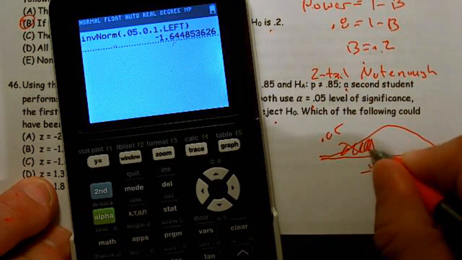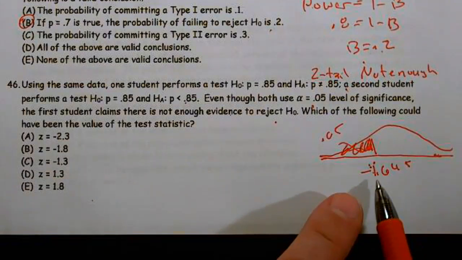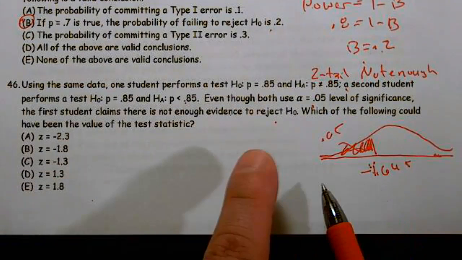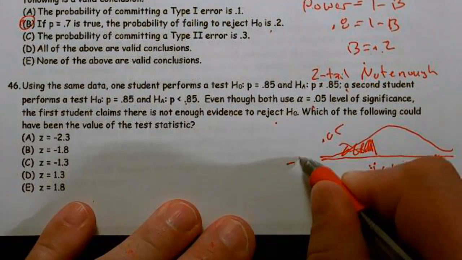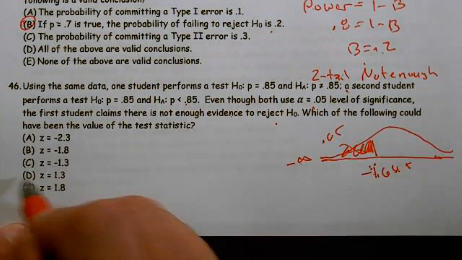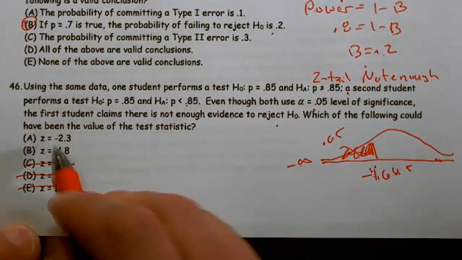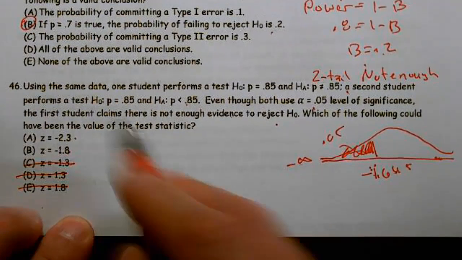If he gets a z-score less than negative 1.645, he's rejecting. So anywhere from negative 1.645 to negative infinity, he's rejecting. That gets rid of this one, and this one. That's less than negative 1.645. This is less than negative 1.645.